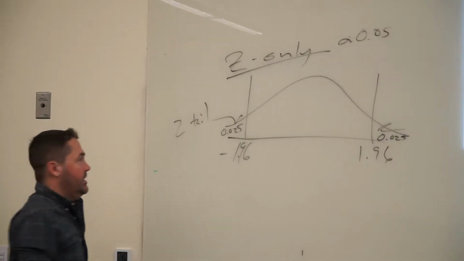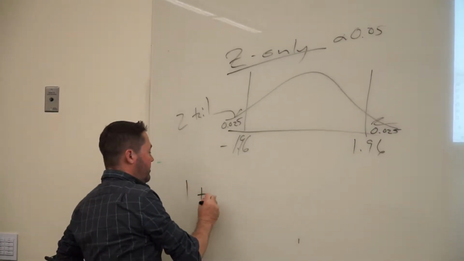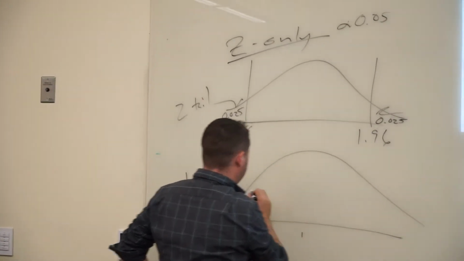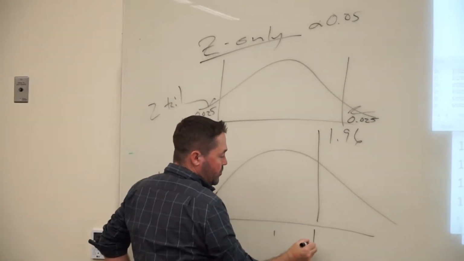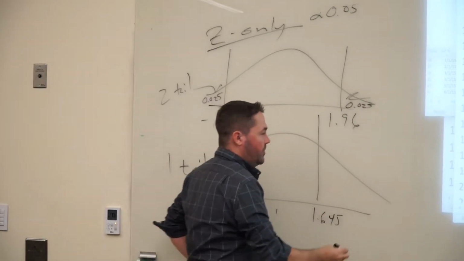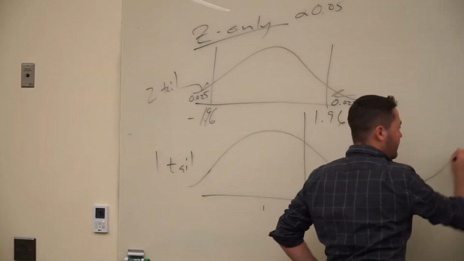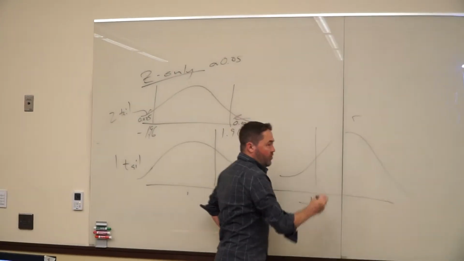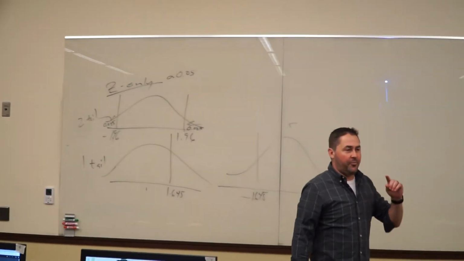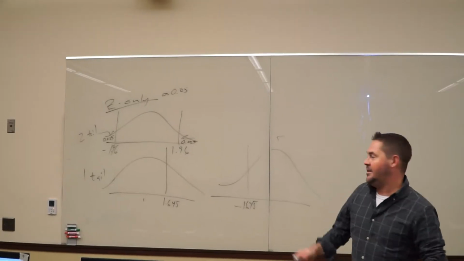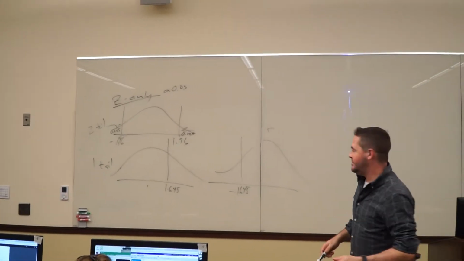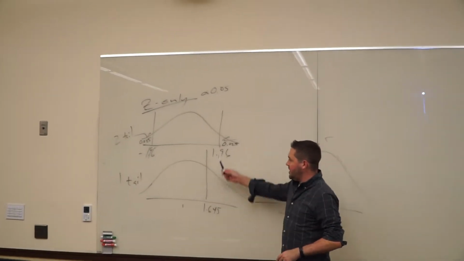For one tail, if it's positive, it's 1.645. If it's negative, it is negative 1.645. So for Z only, alpha 0.05 only, there are 2 separate one-tails, on the positive or the negative side, and then the two tails.